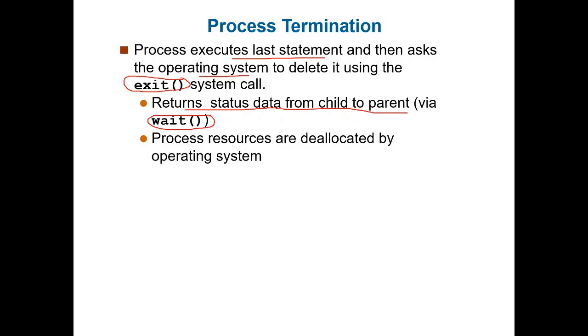So whenever the child process finishes its execution, it must return status to the parent, and that is done with the wait system call. The process resources are deallocated by the operating system. When a process finishes its execution, it is the responsibility of the operating system to delete it and to free the memory it has occupied.